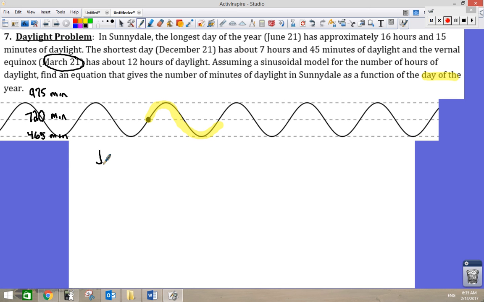So January, February, March. Assume a non-leap year. And then we're only going to March 21st.